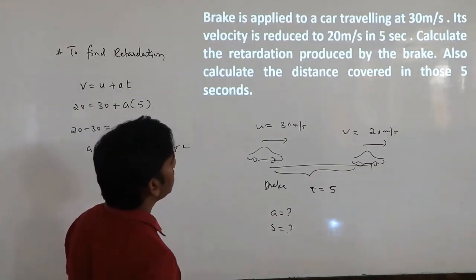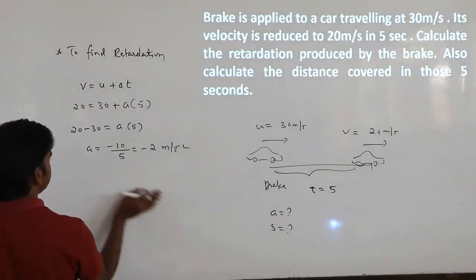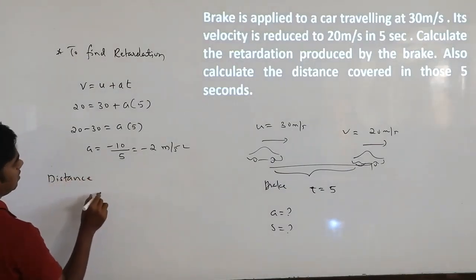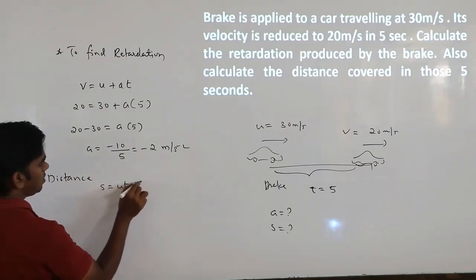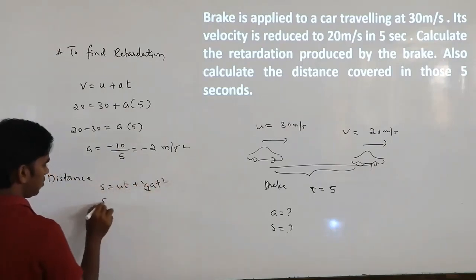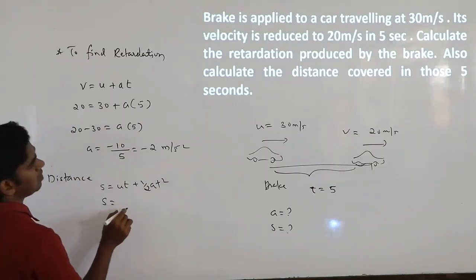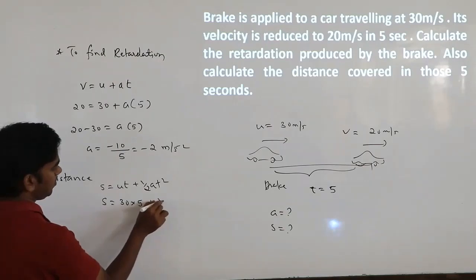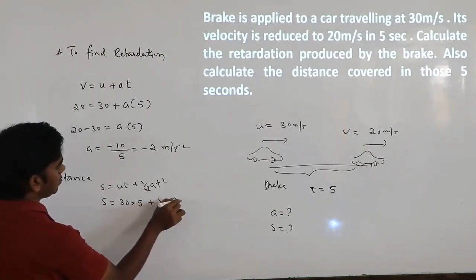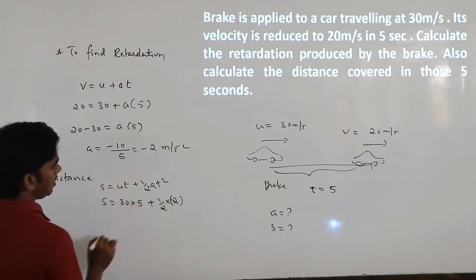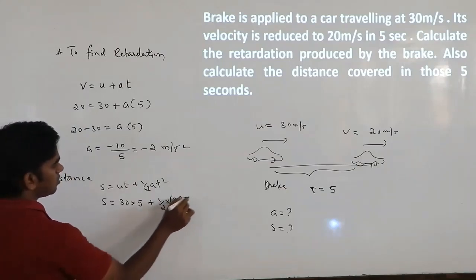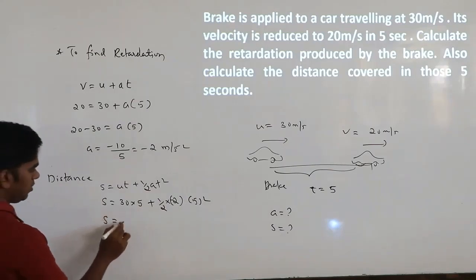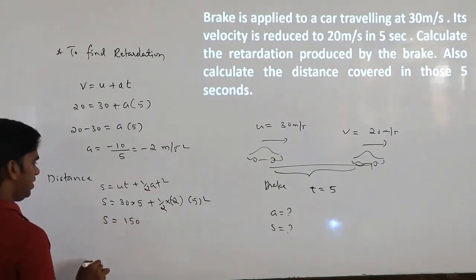They are asking the distance covered in those 5 seconds. To find distance, what can you apply? Apply S equals ut plus half at square. So S equals U is 30, so 30 into time, which is 5, plus 1 by 2 into acceleration, which is minus 2, into 5 squared. We have to take the minus, so don't forget that. 30 into 5 is 150.